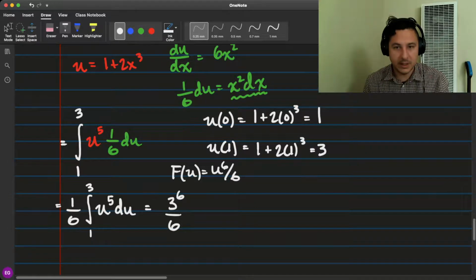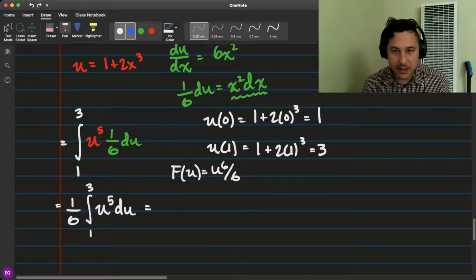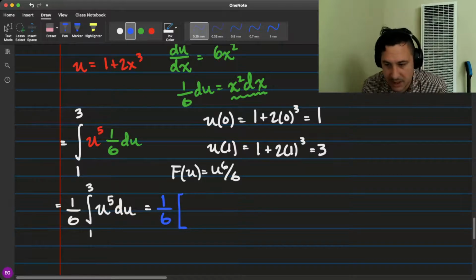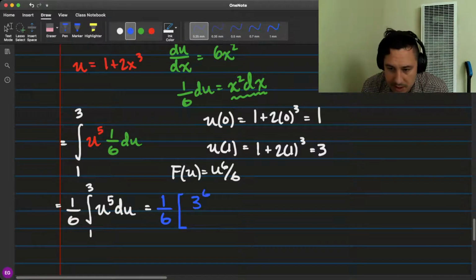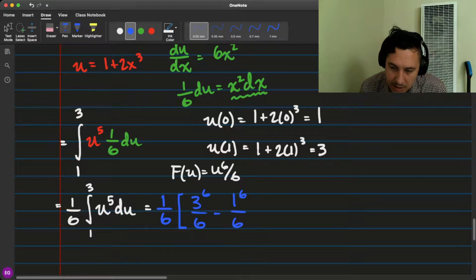Oh, let's not forget about the 1/6 out in front. So I've got my 1/6 out in front. Plug my 3 into my antiderivative, which is 3 to the 6th over 6, minus, now plug my 1 in, 1 to the 6th over 6.